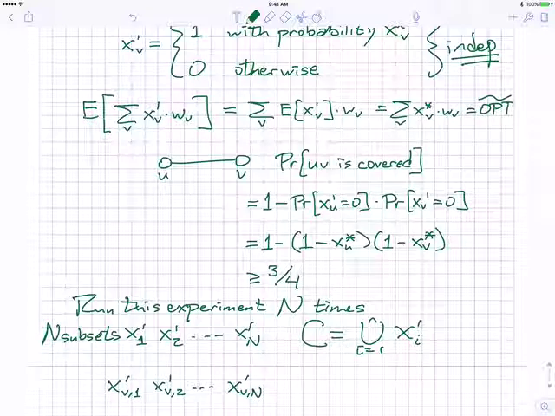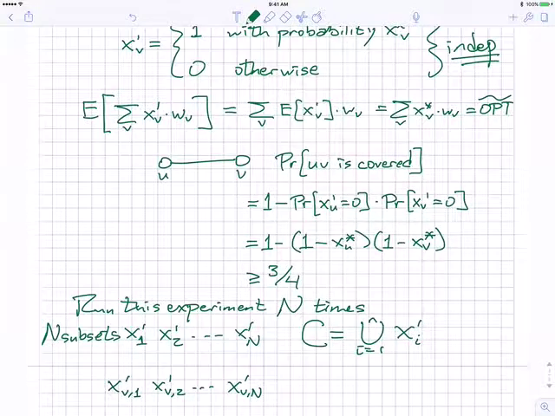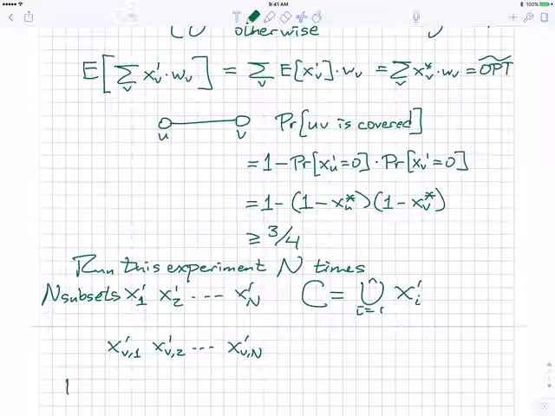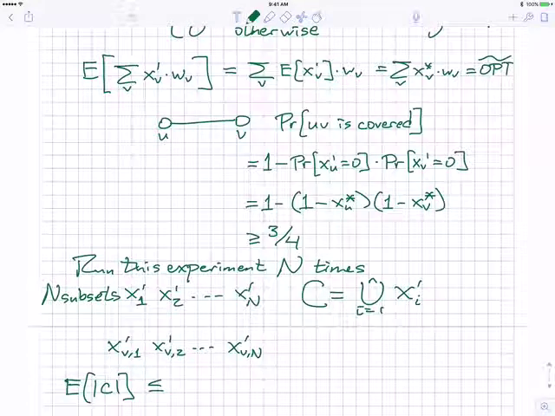Does that also increase the probability of each node being marked? Yes, it does. So, what's the expected size of C? The expected number of vertices in this vertex cover is at most, by the union bound, the sum from i equals 1 to capital N of the expected size of x i prime.